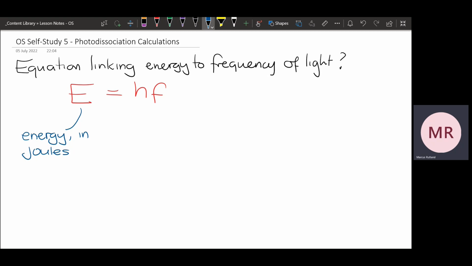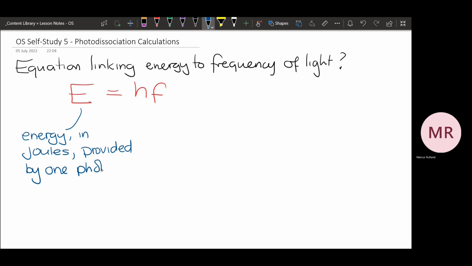What is it actually the energy of? It's the energy in joules provided by one photon of light. It's very important that you get your head around that, otherwise you won't really see the process we're doing when we use this equation in a calculation.